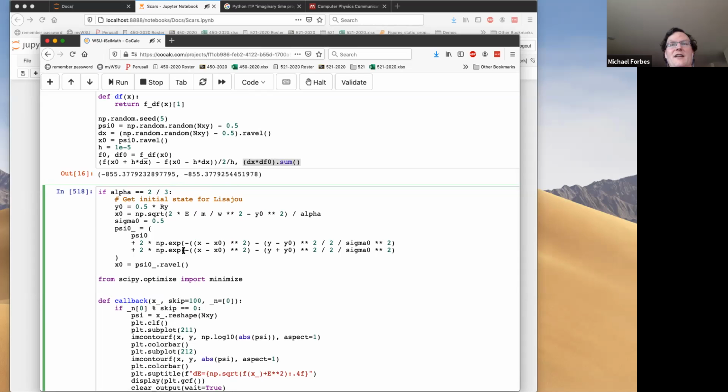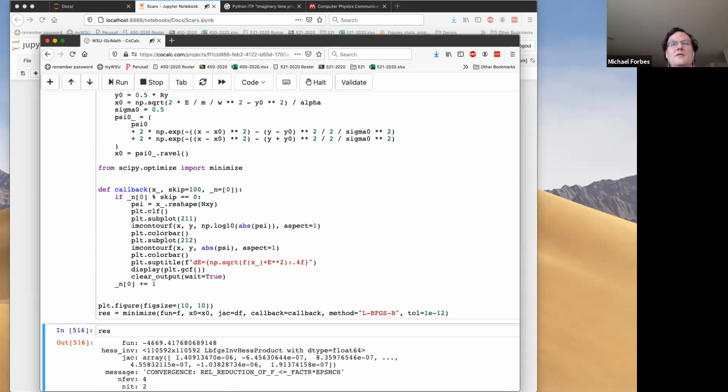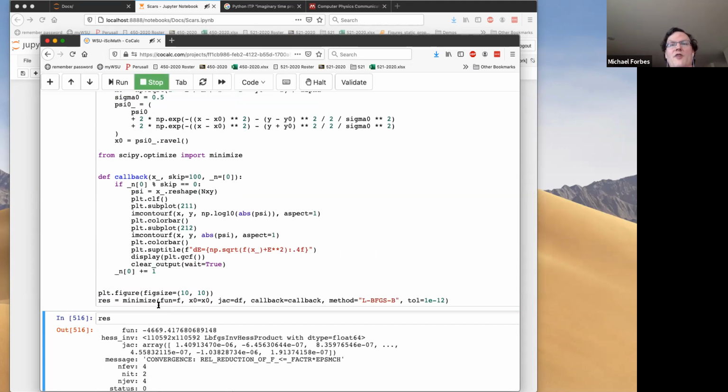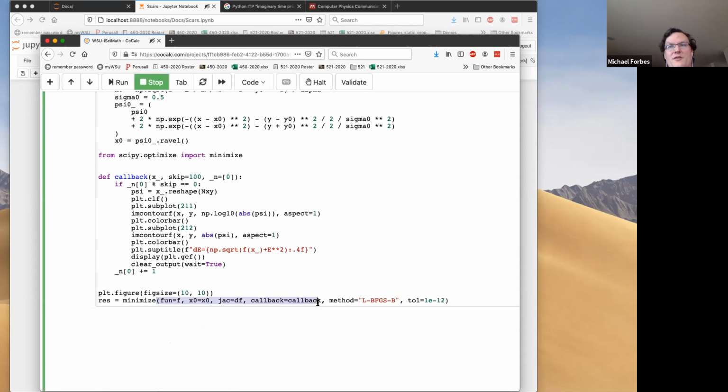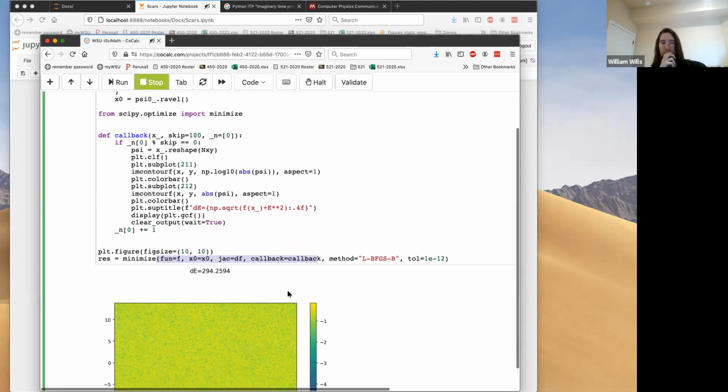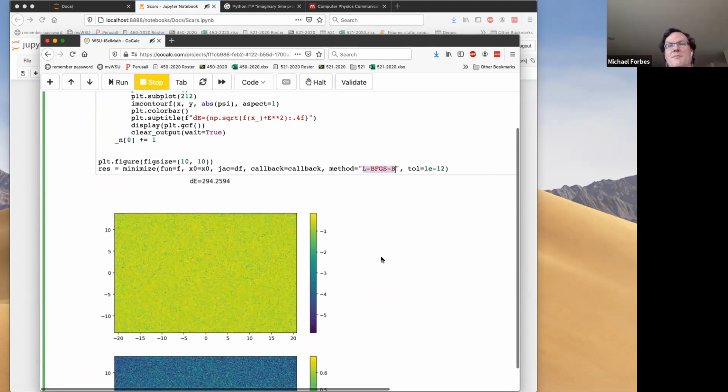All right, now I need to get an initial state. So, I'm running the SciPy minimizer function. This is using the limited memory BFGS minimizer. You should look that up.